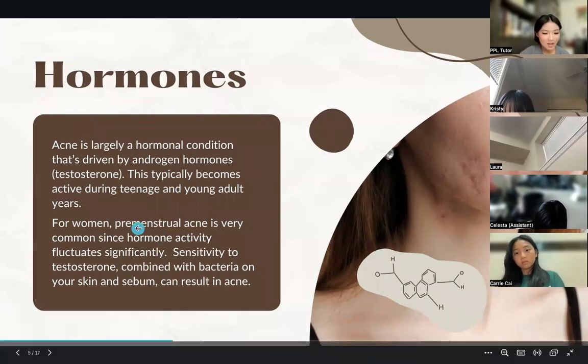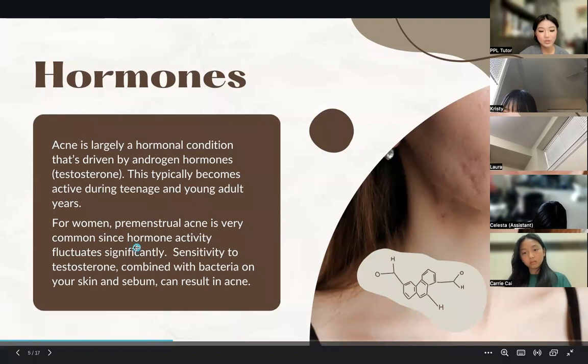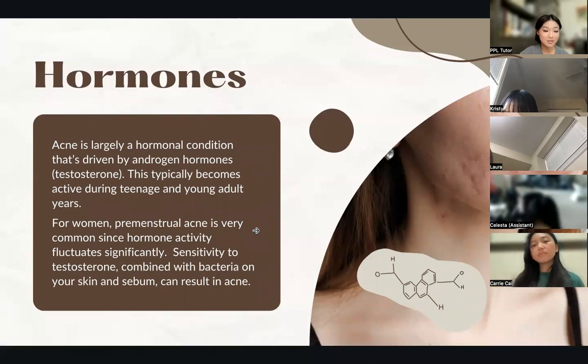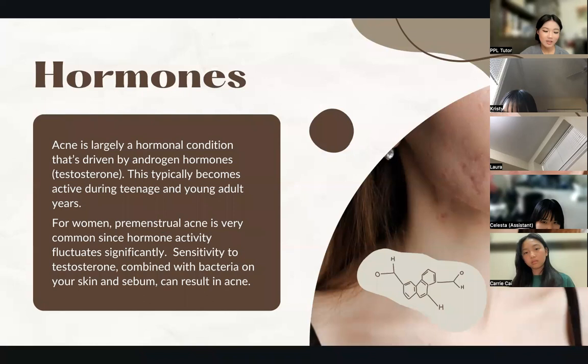So for women, premenstrual acne is also very common because hormonal activity fluctuates, and our body doesn't really like fluctuations in hormones. It likes things to be continually in balance.